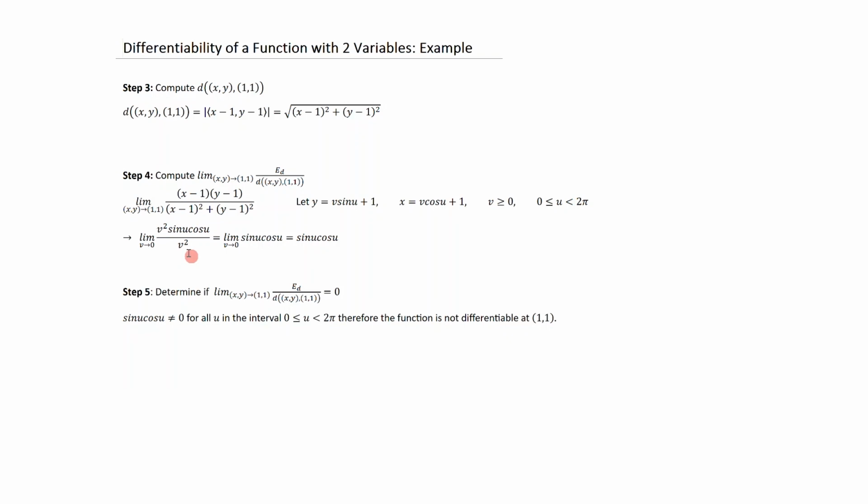That means the v squared cancels, and we're just left with the limit of sine u cos u as v goes to 0. Of course, there's no v here, so it doesn't affect the expression. However, it's clear that depending on what the value of u is, you get a different limit. As a result, there's no way that this can be 0 for all possible values of u. Therefore, we can say that the function is not differentiable at the point (1,1).